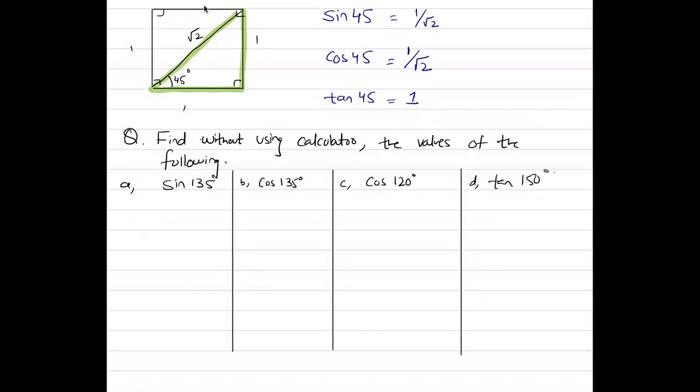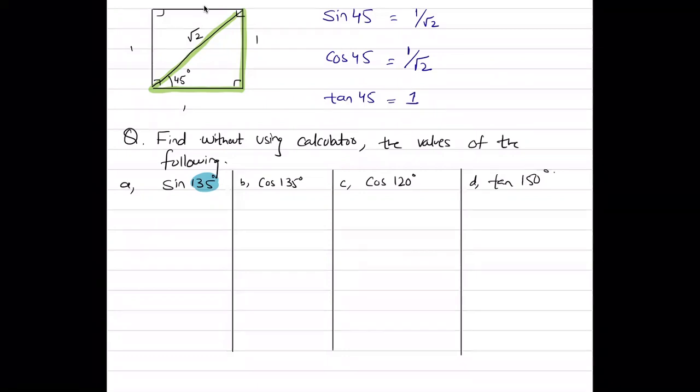Okay, so sine of 135 degree. Now, which angle is 135? Is it an acute angle or an obtuse angle? It's an obtuse angle. So sine of an obtuse angle is equal to what? Can I express this sine of an obtuse angle as a trig ratio of an acute angle? Yes.